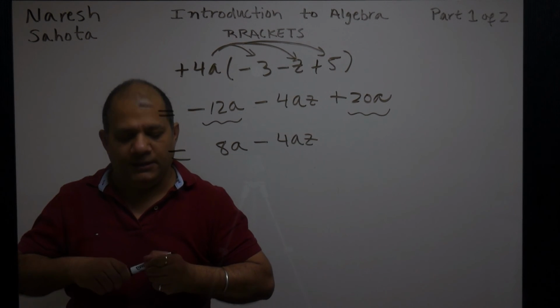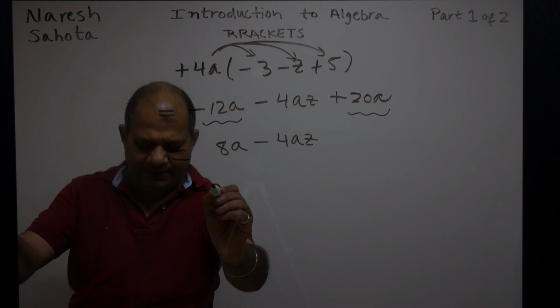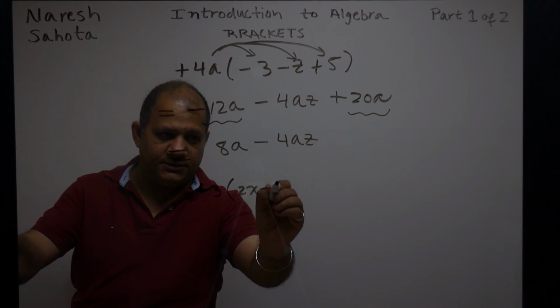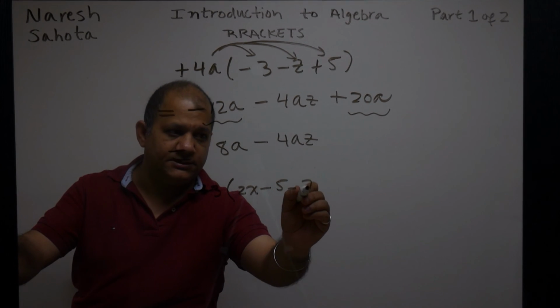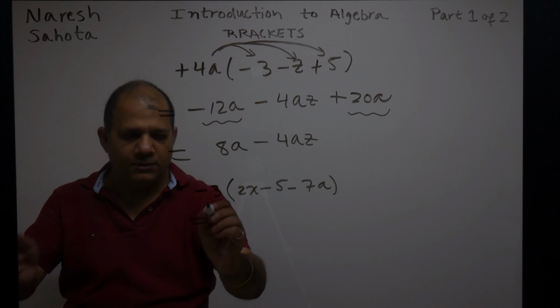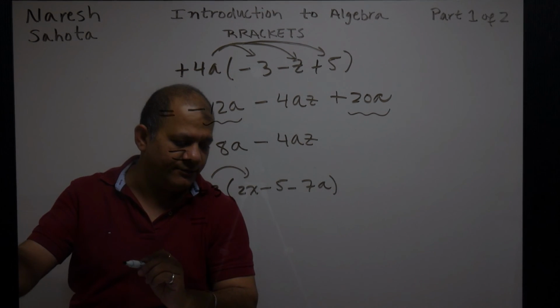All right. Let's do another example. Here we'll multiply by a negative number: negative 3 times (2x minus 5 minus 7a). Here we're going to multiply negative 3 with the first term.